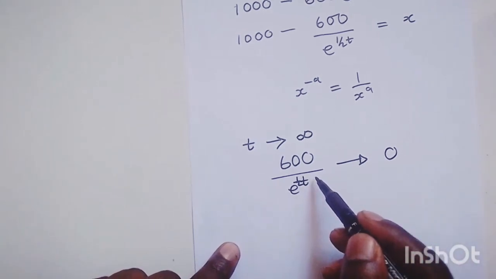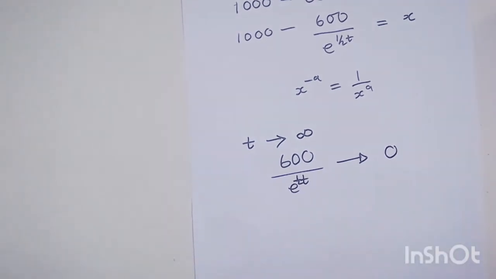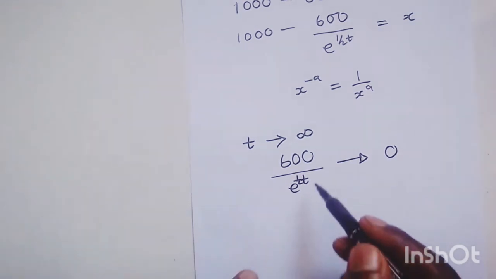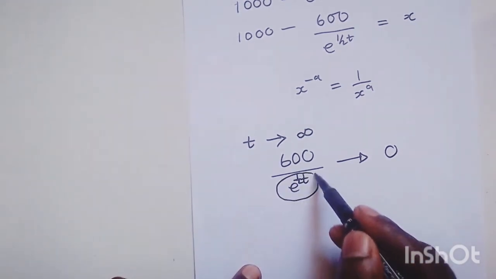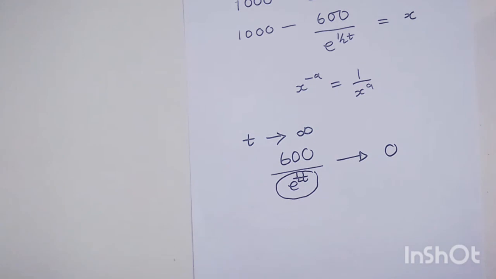Because if t becomes large, if days increase, the denominator e to the power of half t becomes too large, whilst the numerator remains fixed at 600. Having a large denominator whilst the numerator is constant means that as time increases, the whole fraction tends to approach 0.